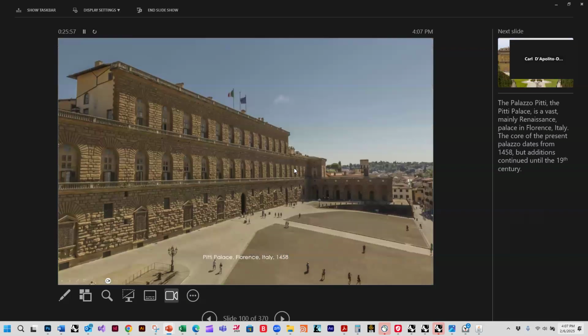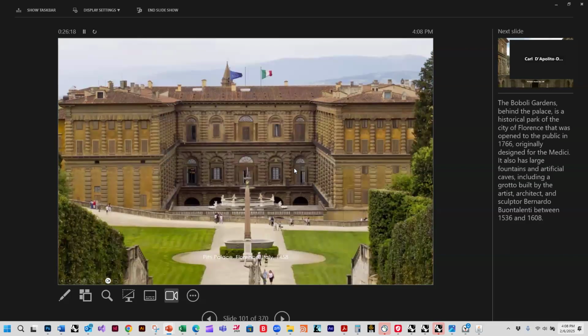Okay, this is the Pitti Palace in Florence in 1458, although it was continually being modified for a while. And this is very similar. There's a very hot area in front, this super hot courtyard, and then behind are the Boboli Gardens, which were designed for the Medici in the 1700s, in 1766.